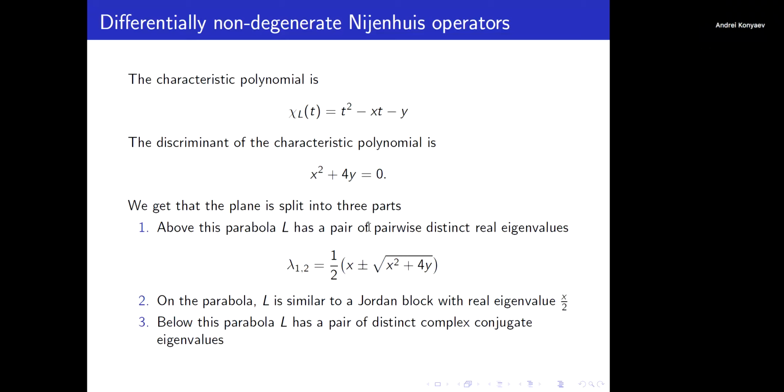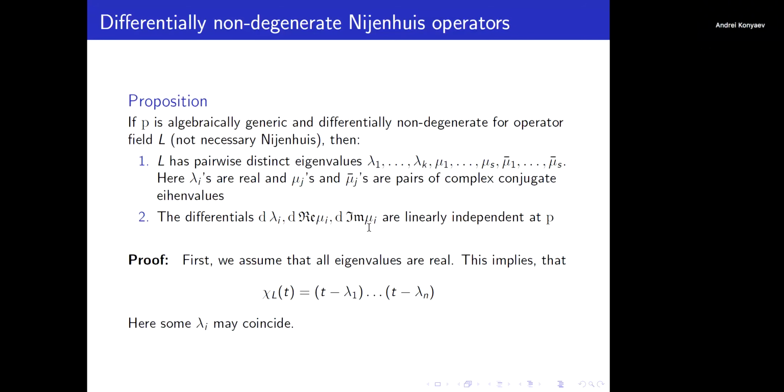So you see two really different geometries glued together. You have a real geometry with pairwise different eigenvalues, and you have a complex geometry with, again, two pairwise different eigenvalues. So this is actually the general case.